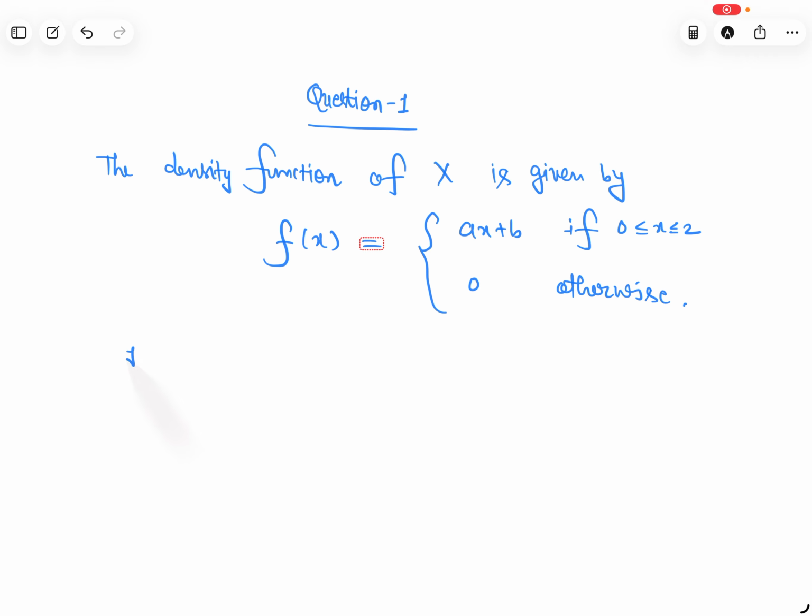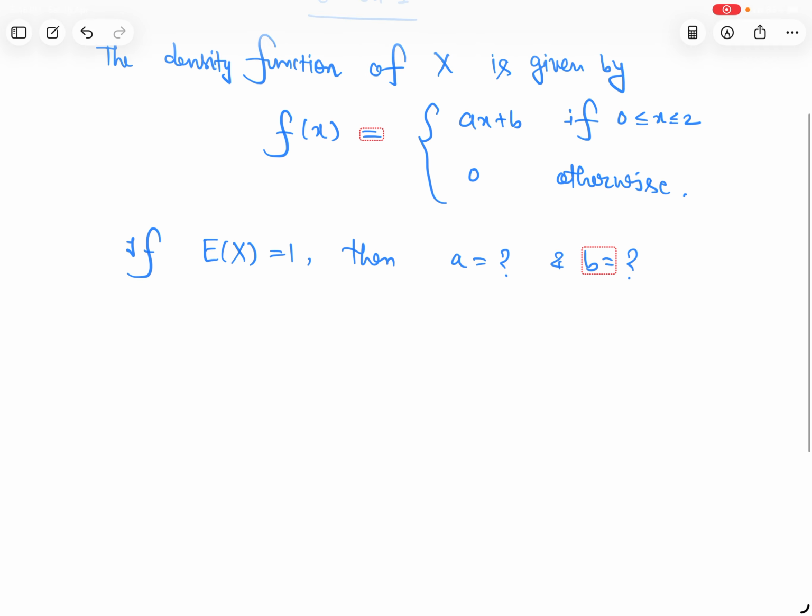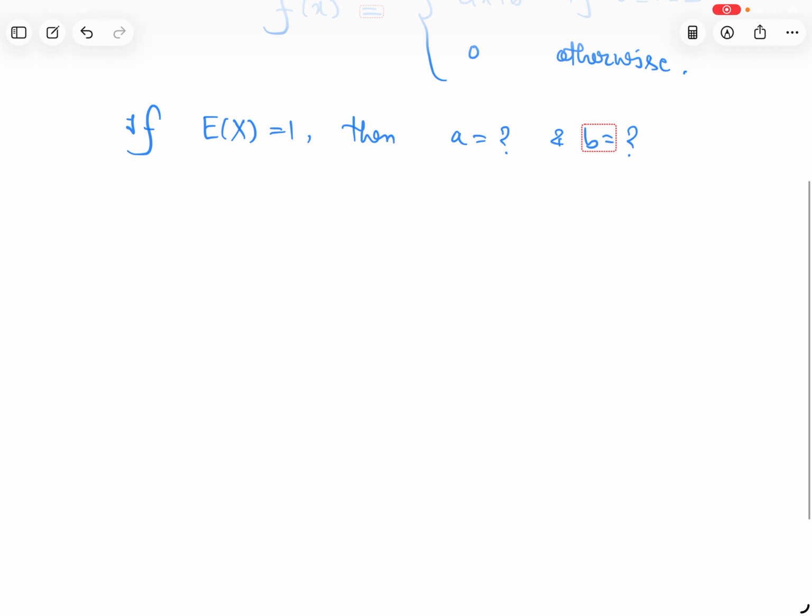If the expectation of x is equal to 1, then what are a and b? We have to find the values of a and b. Okay, so let's see how we will do this question. Solution.